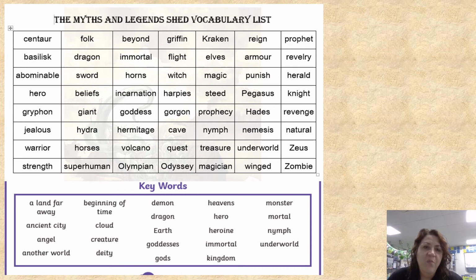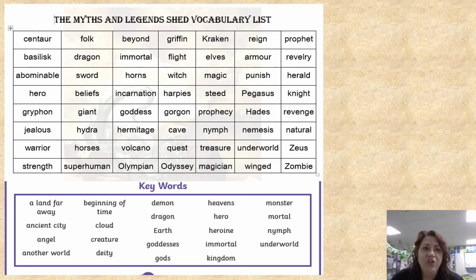Okay, we're not going to look at this for very long because, as I say, we're going to look at this sort of thing more when you write myths. But this is some of the vocabulary you might see in myths. Some of this might be more to do with general myths rather than Greek myths, but some of it really does look at the sort of language that you might want to use.